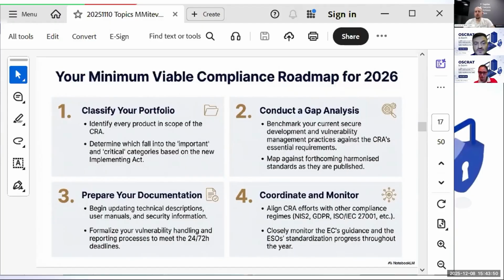Align CRA work with other regulations like NIS2 and GDPR, follow the Commission's updates, and work with the standardization bodies. If you follow the steps in 2026, you will be in a strong position for 2027.